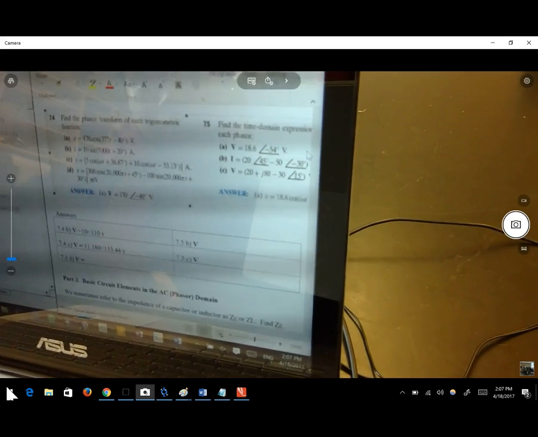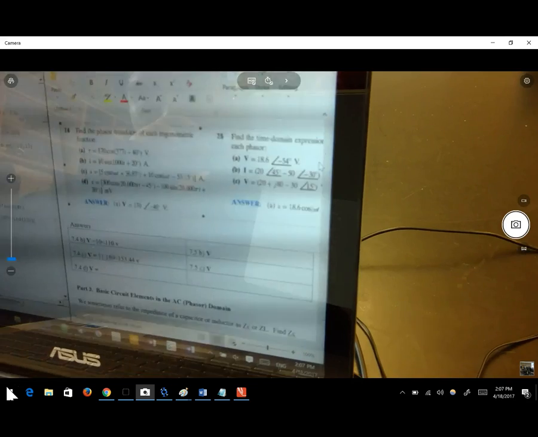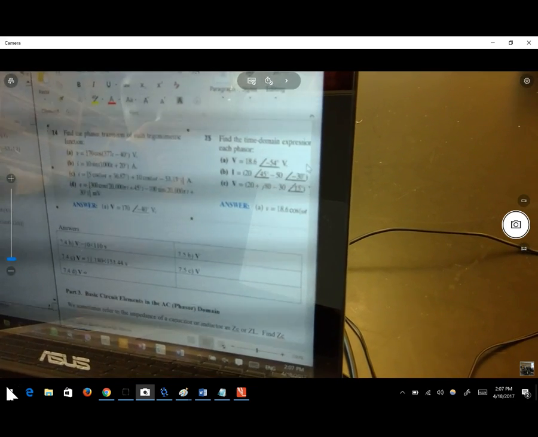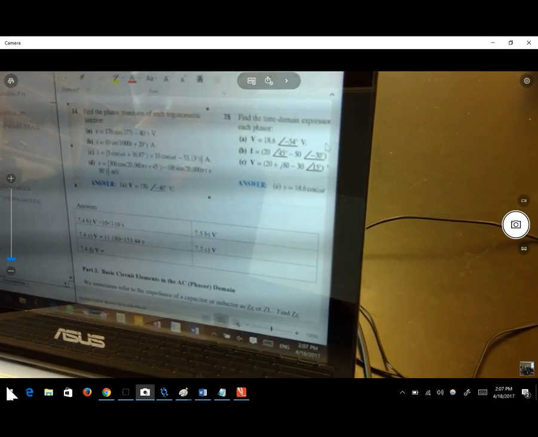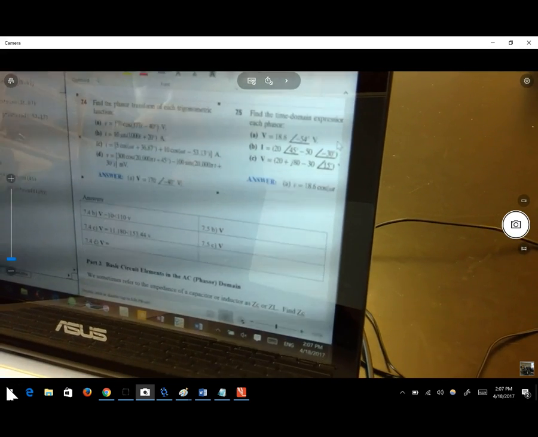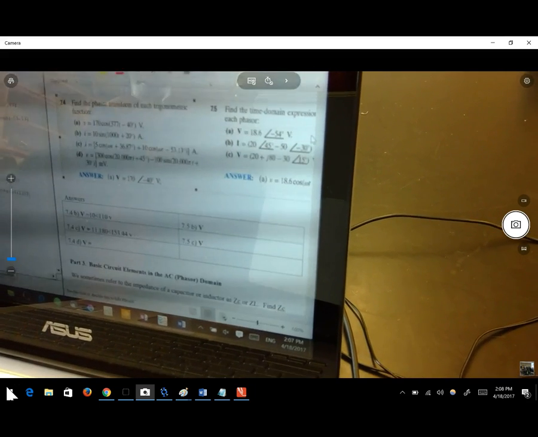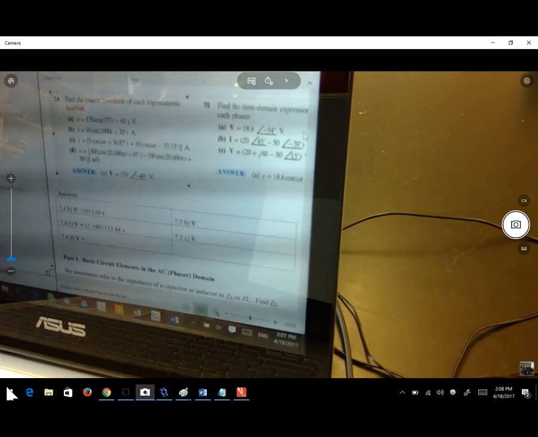Wait, is it C you're doing or D? D, right? Okay, so it's plus 30 and plus 4. Yeah, so that sine would be turned into a cosine. What did you shift it to? You had it 120? You added 90 to it? I mean, you can put a negative angle if you want.